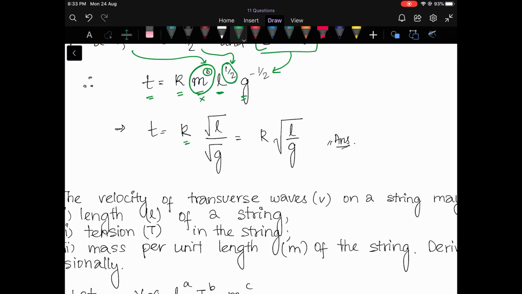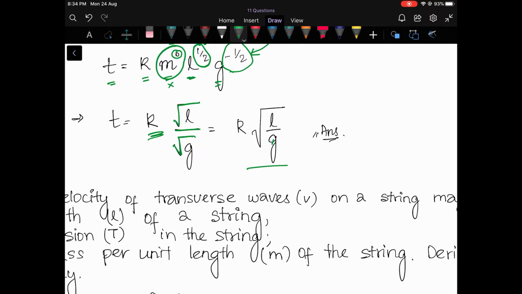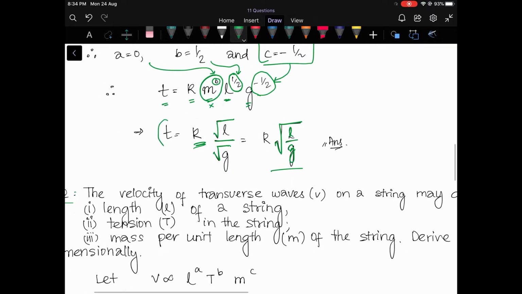This power half means root, so we have root with L. This power minus half means root with g, but it should be in the denominator. So we write a single root for L by g. So see, here we got the formula: the time period depends directly on the square root of the length of the bob and inversely on the square root of the acceleration due to gravity.